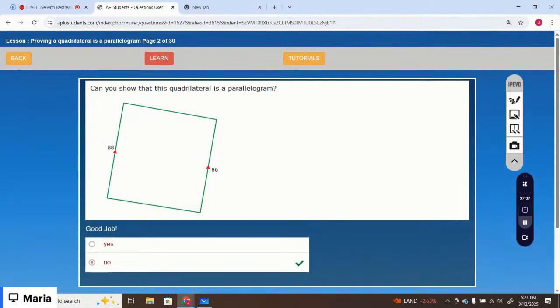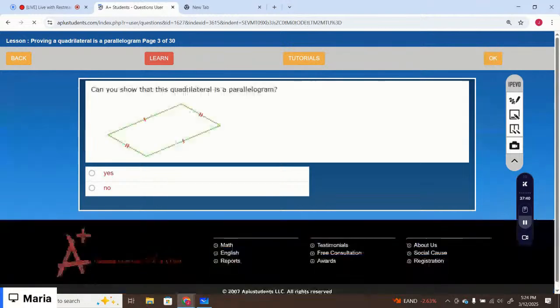The correct option is there. Can you show that the quadrilateral is a parallelogram? That is a parallelogram. Option number one is the correct option. Yes, it is.